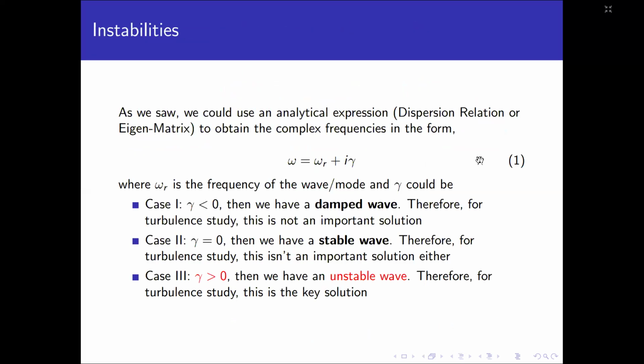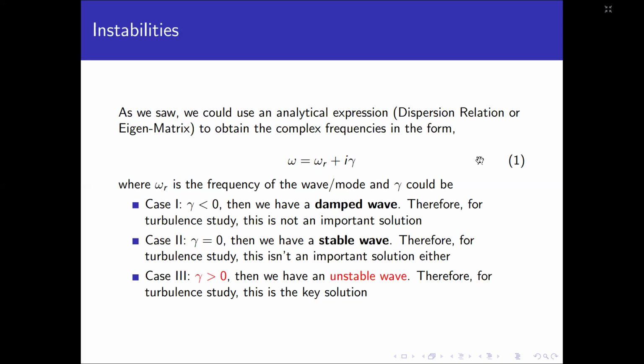So as we saw, the first ingredient, very important to study turbulence, is what is called an instability. But the main question arises: how can we study these instabilities? Typically this is through an analytical description, for example a dispersion relationship. And when we solve this equation, we obtain solutions like this.